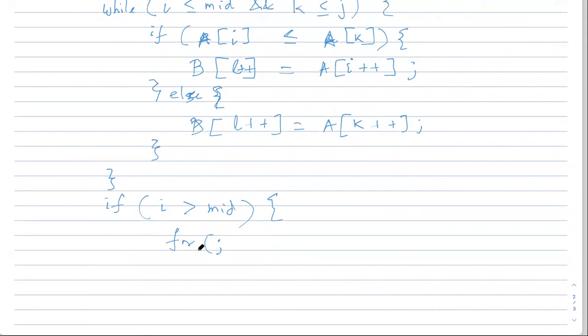For K less than equal to J, you keep doing B of L plus plus equal to A of K plus plus.